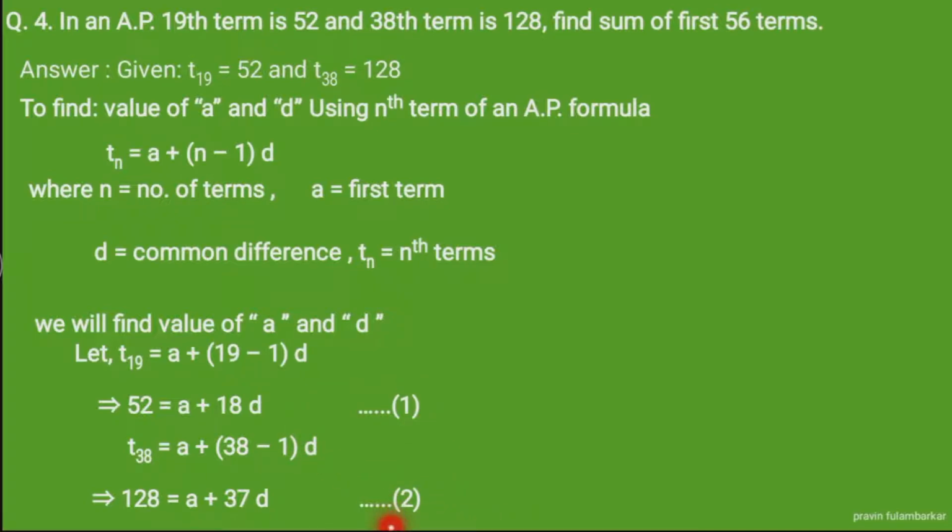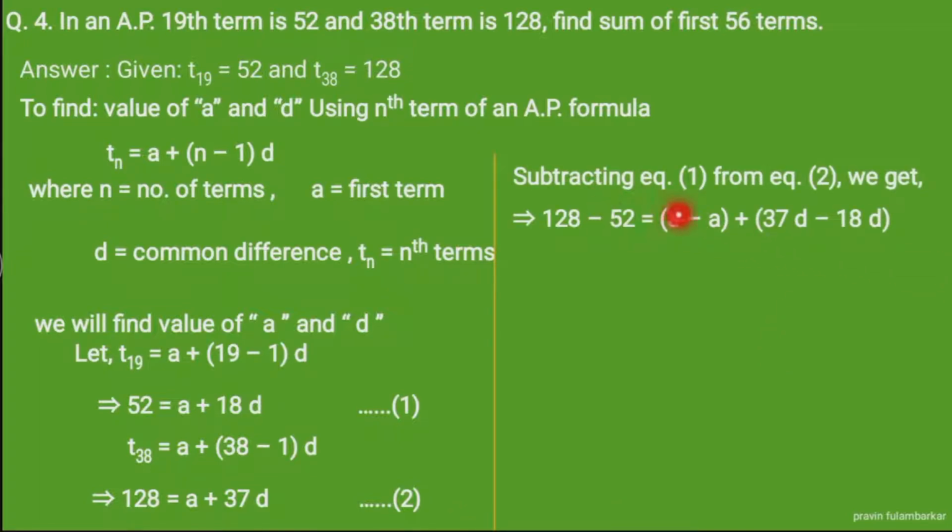Now equation 1 and equation 2 are simultaneous equations. So we have to subtract these two equations. We subtract equation 1 from equation 2. We subtract LHS of equation 1 from LHS of equation 2.